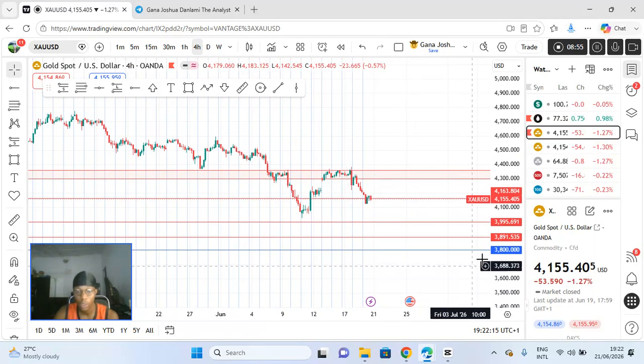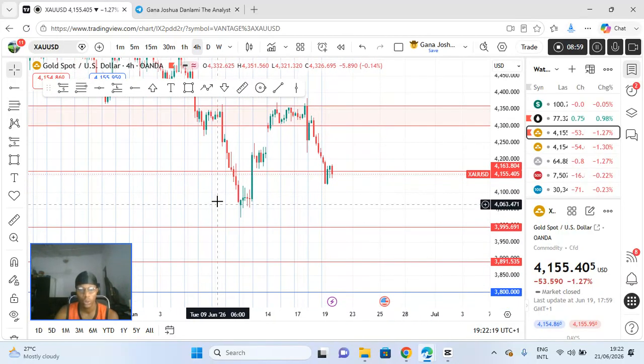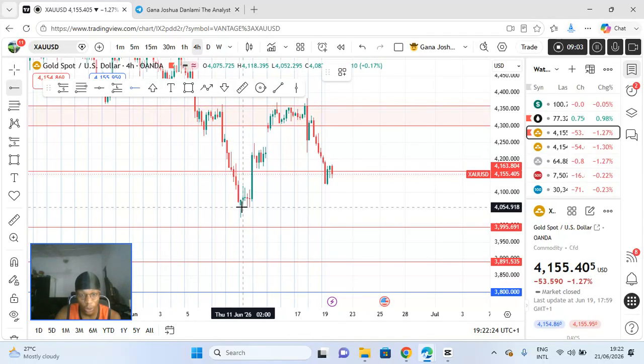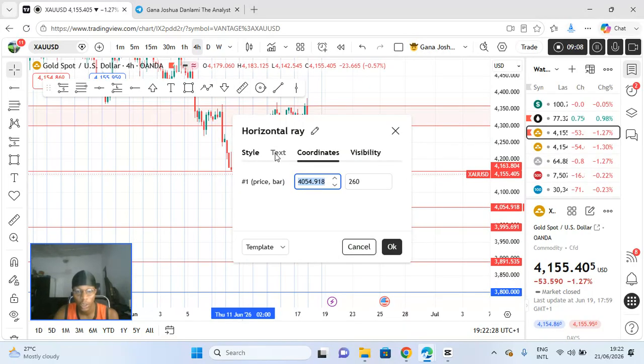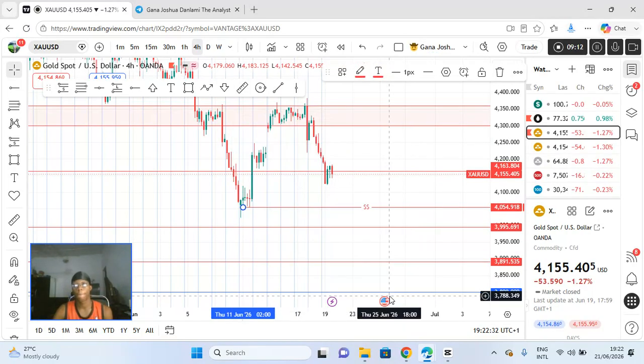The bears are still in control. How it will happen, we don't know. So this low is a vulnerable low. Don't depend on it to put your stop loss, because most likely there's money here and it's going to be tapped. So watch out and watch with caution.